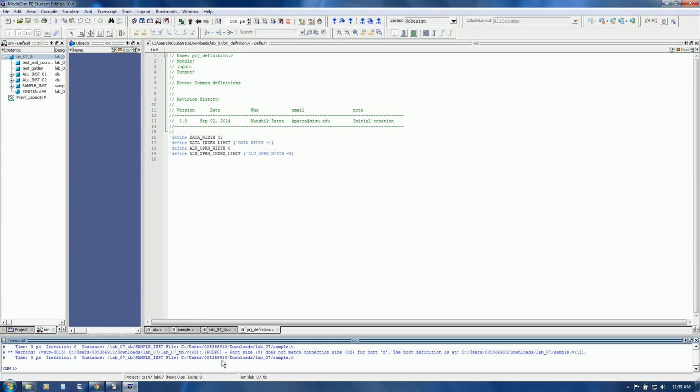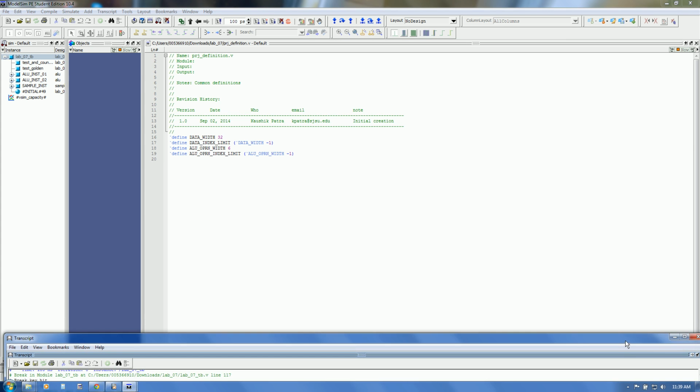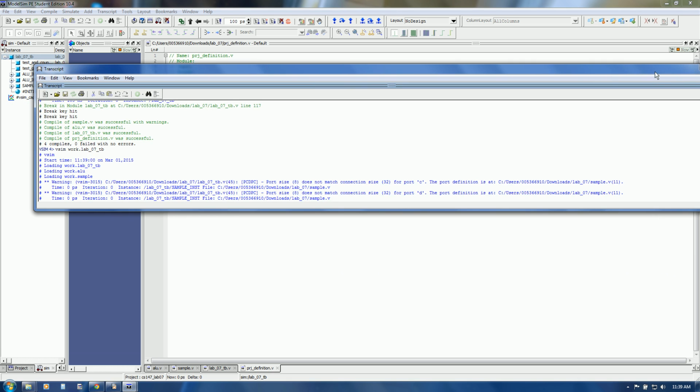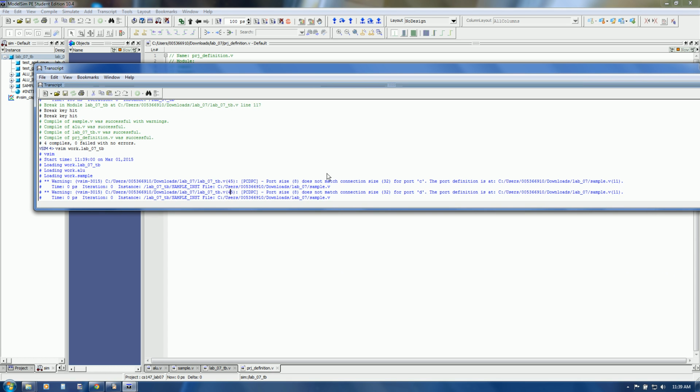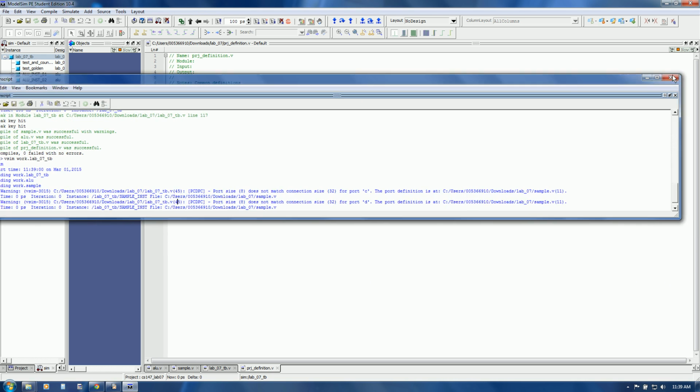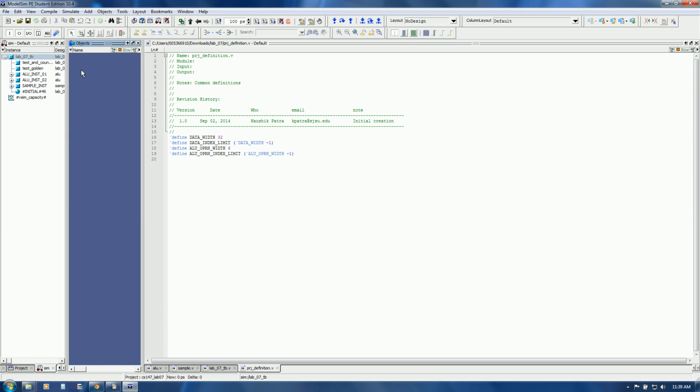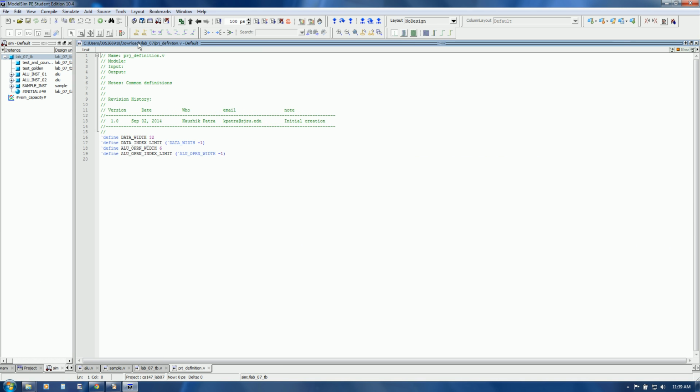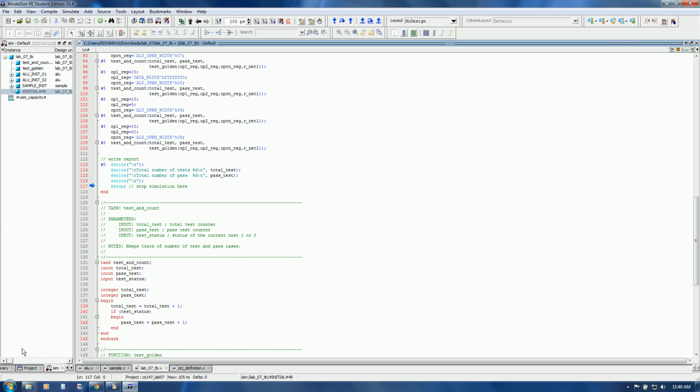Is there a problem in loading? It should load, no problem at all. All the compile was successful. Warnings should be okay. Let's see why it is not getting the object values there. Okay, let's try to simulate it.